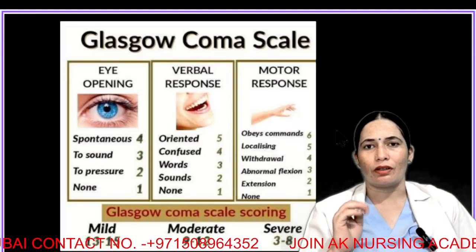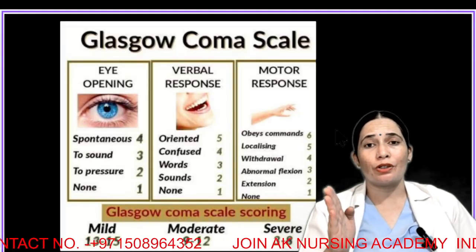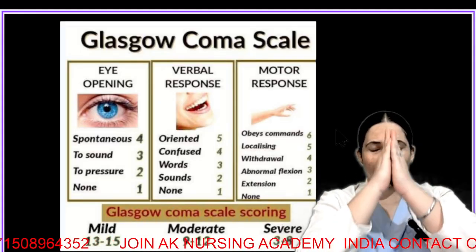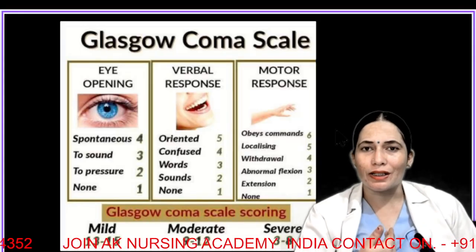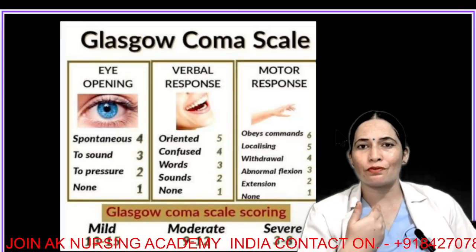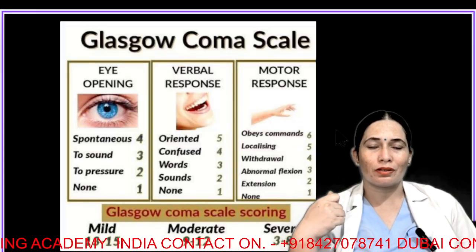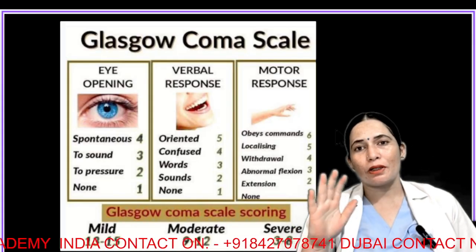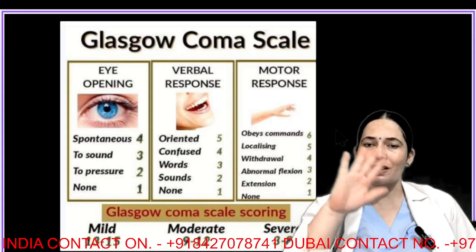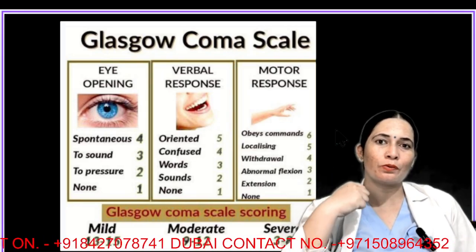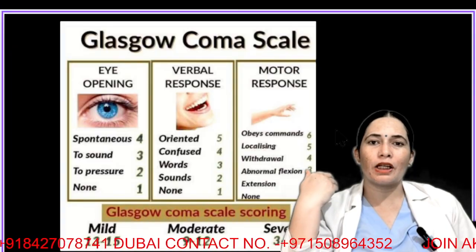Abnormal flexion. Abnormal flexion, we denote it as decorticate. This is our axis, the axis of the body, the center of our body. If we put pressure on the trapezius muscle, the patient uses the same hand, which does not come up to remove the pressure.